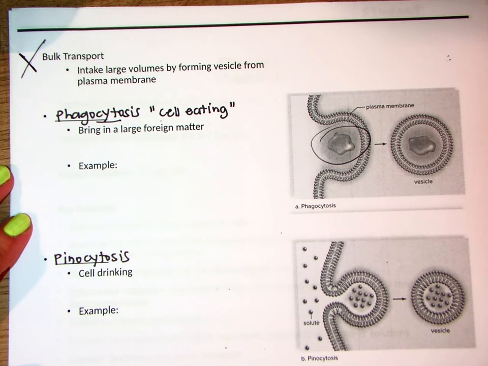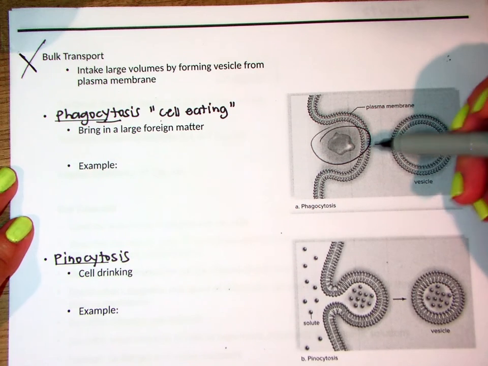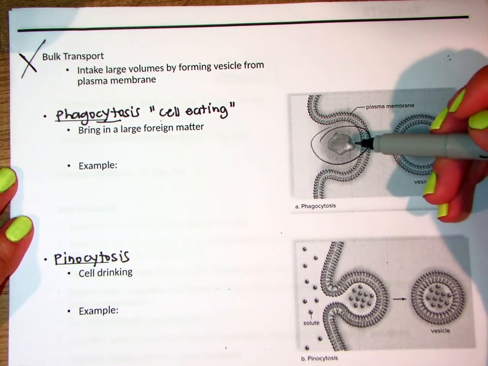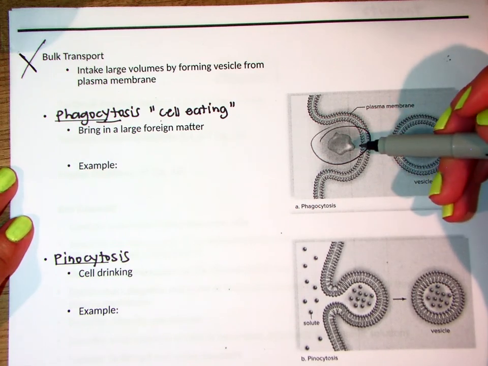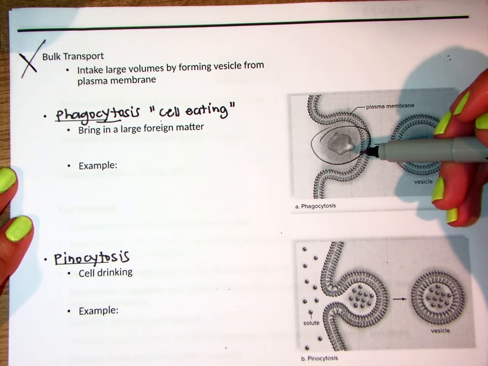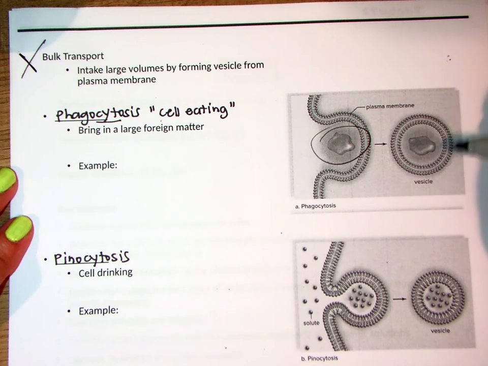So where would this happen in your body? Why is this important? This happens in your immune system. So your white blood cells can swallow, they can eat things, foreign matter like bacteria, and then once it gets inside, it will digest it and get rid of it, essentially. So very important for your body.